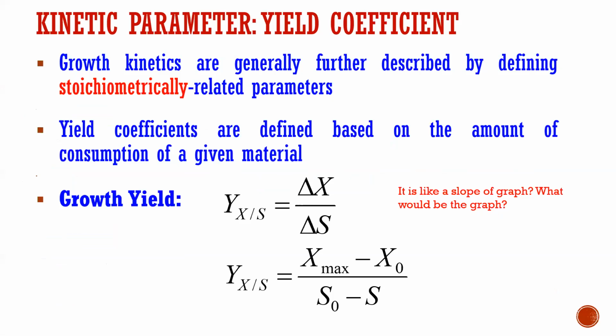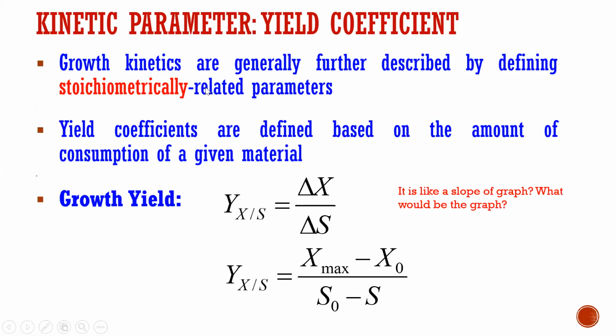A coefficient is the numerical number that sits next to the variable, like y equal to mx plus c. m is the coefficient. A constant is the one that stands alone. For example, c is the constant, okay?